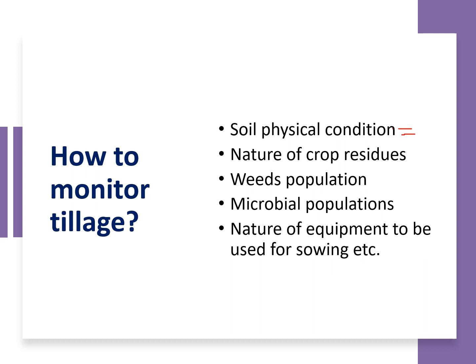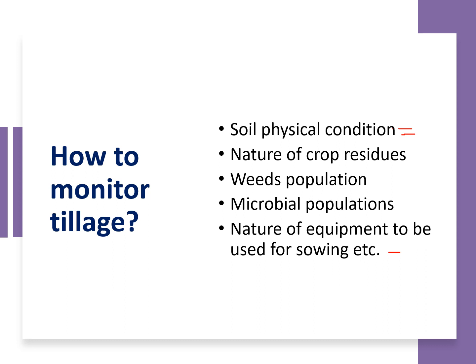The nature of equipment to be used for sowing. So what kind of equipment you have to use for sowing. If you have a drill which must need some conditioning of soil, of course you have to till it.